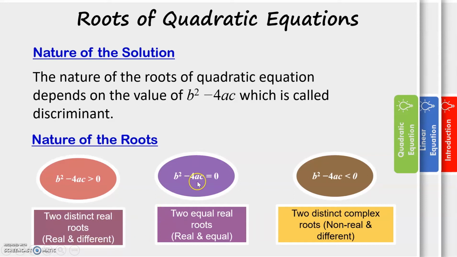If b squared minus 4ac is equal to 0, we have two equal real roots, which are real and equal. But if b squared minus 4ac is less than 0, we have two distinct complex roots, which are non-real and different.